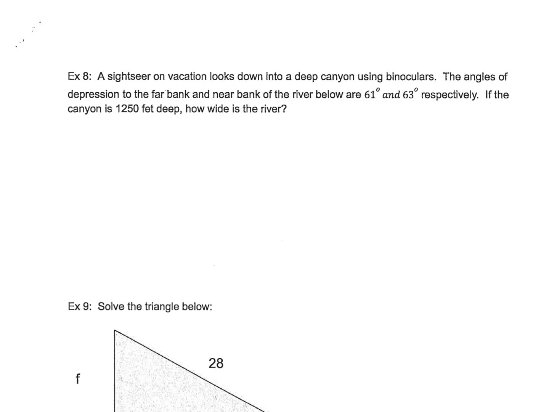This is a more difficult problem because they're giving us two angles of depression and how deep the canyon is, in feet. He wants to know how wide the river is. We need to draw this picture. This is a typical later ACT type problem. I want you to think about it. The sightseer is on the top of a canyon.